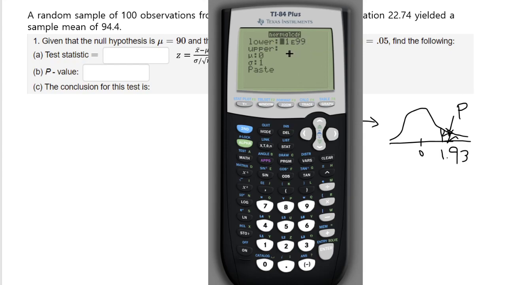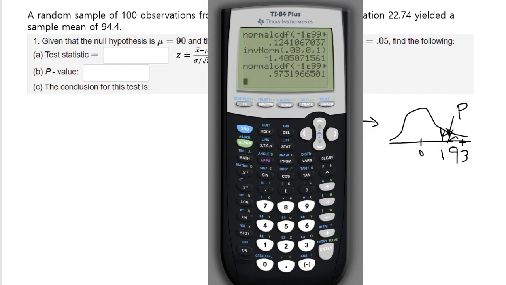So it's a good idea to leave the lower bound untouched, put 1.93 on the upper, and you get 0.97319, but that's the area before 1.93 because in this format it's always from negative infinity to that number.